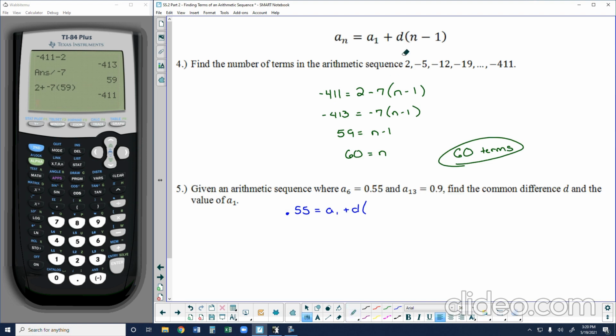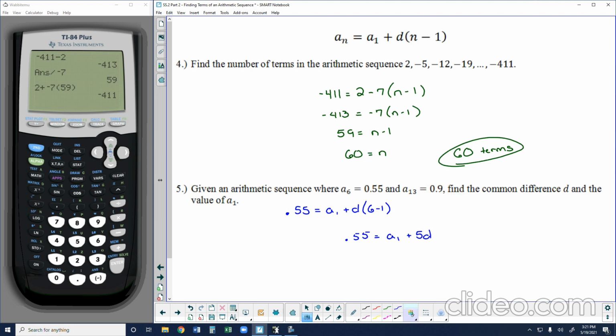I do know what n would be in this case. If the 6th term is 0.55, then n is 6. And so this equation can simplify to 0.55 equal to a sub 1 plus 5d.